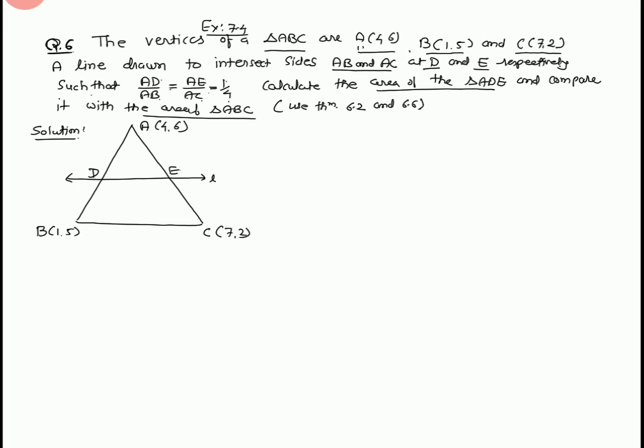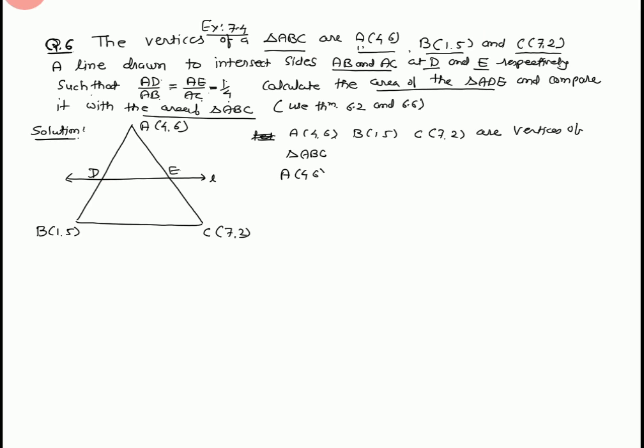Now we start the solution. In triangle ABC, let A(4, 6), B(1, 5), C(7, 2) be the vertices of triangle ABC.